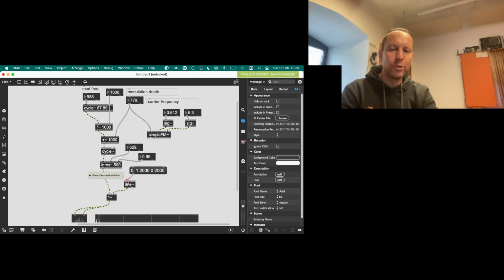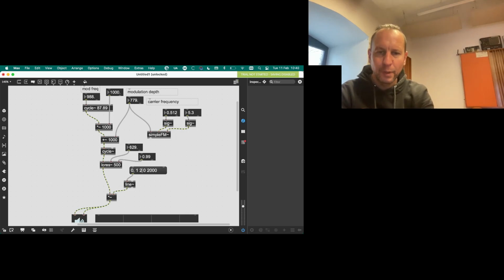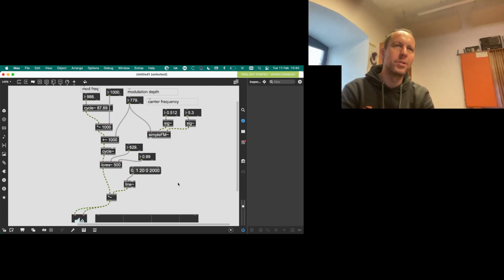So I won't go into that here. I'll just say that this is an envelope. This envelope starts at 0, goes to 1 in 2 seconds, and goes back to 0 in 2 seconds. So I'll make a really short percussive envelope, which goes to 1 in 20 milliseconds.